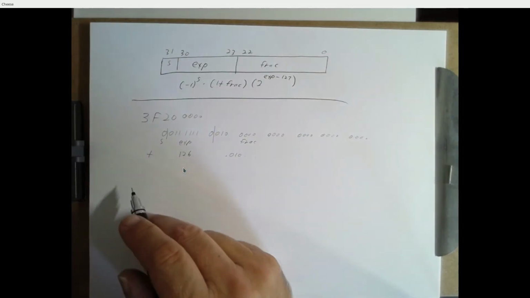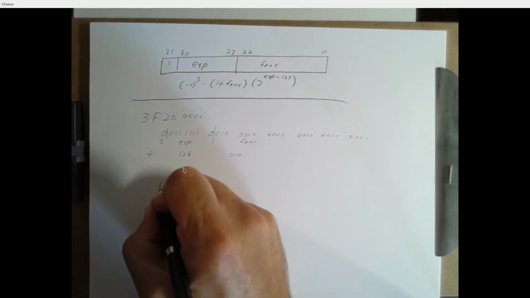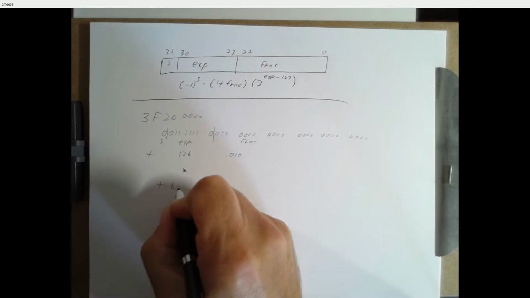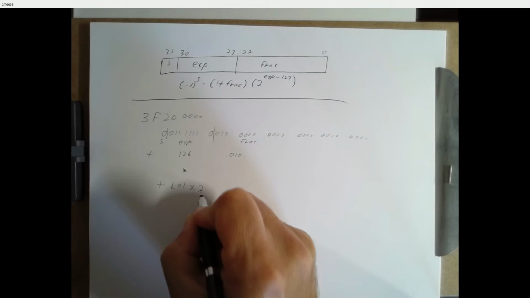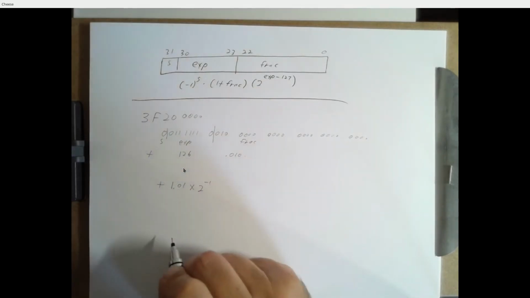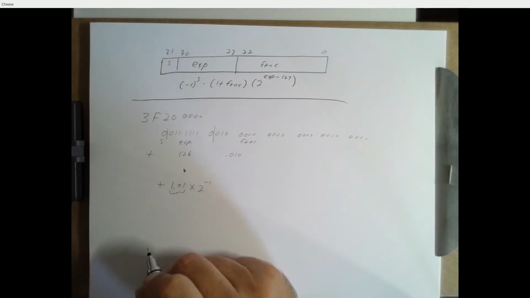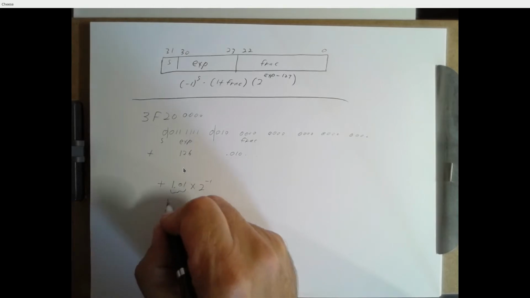So according to our formula, this is negative 1 to the 0, so it's positive. 1 plus the fraction is 1.01, and it gets multiplied by 2 raised to the exponent 126 minus 127, that's negative 1. Okay, so we have to convert this into decimal. So this is 1.01. Well, this is 1.